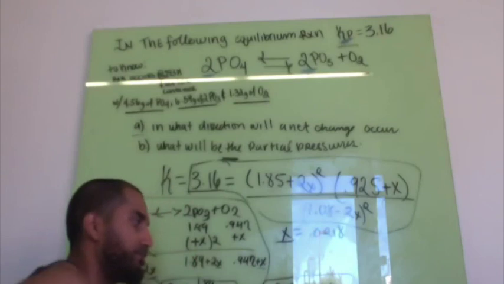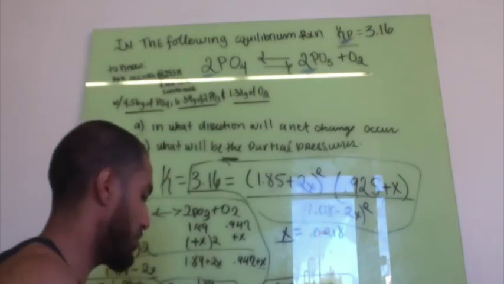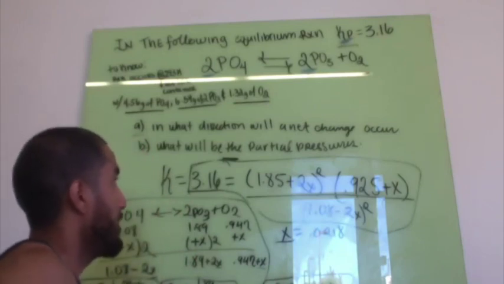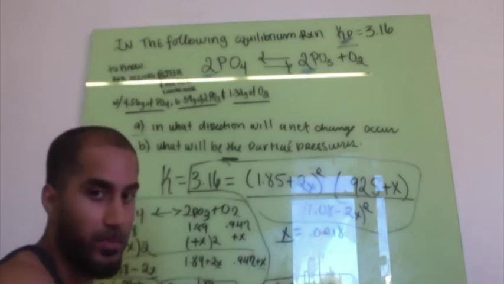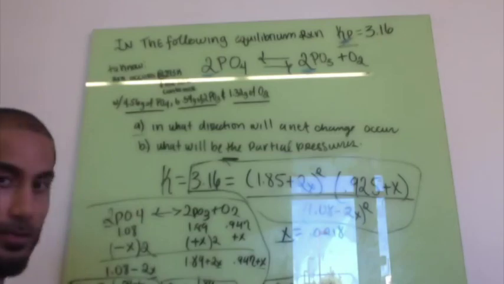And there you have it. Those are the partial pressures of each of the species. Thank you.